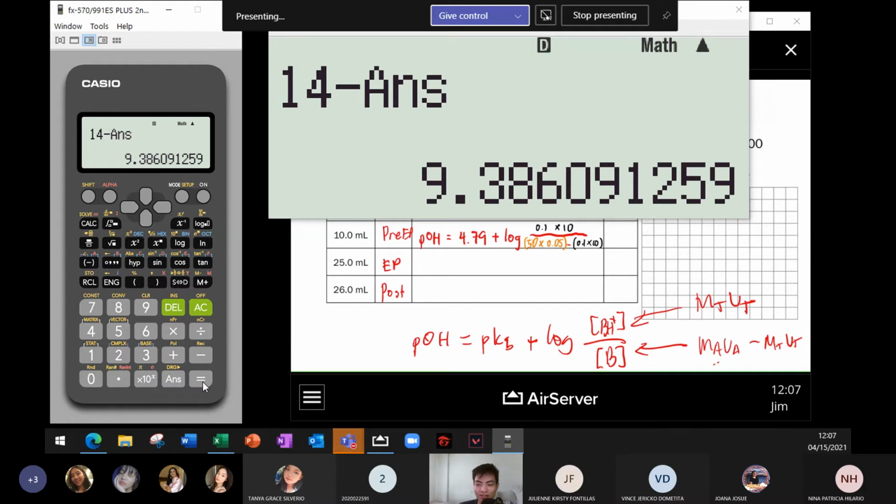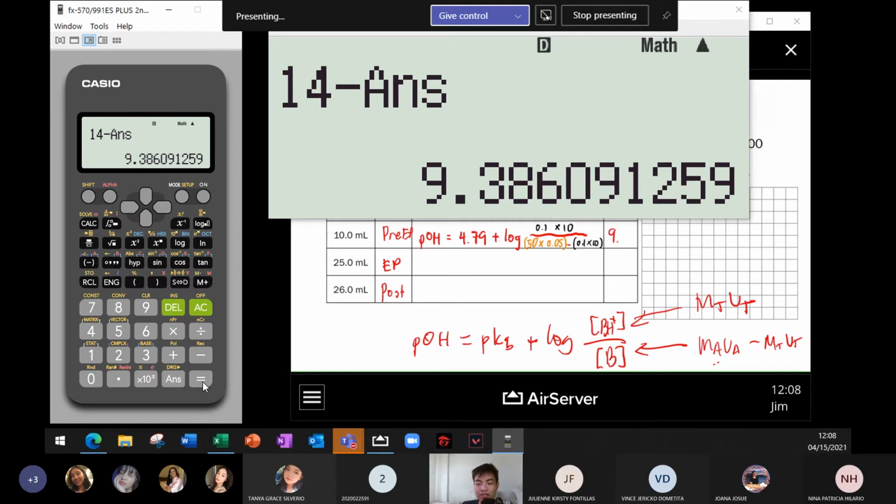Ang ibig sabihin, alam nyo na kung saan ako manggugulo sa quiz. Kunwari, POH na solve nyo, pero gusto ko pH, lalagay ko pa rin doon yung POH, no? Para malito tayo. Para mag-isip talaga tayo, no? Okay. Para careful kayo.